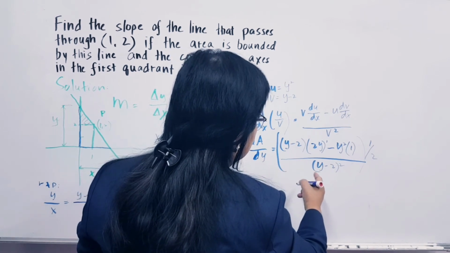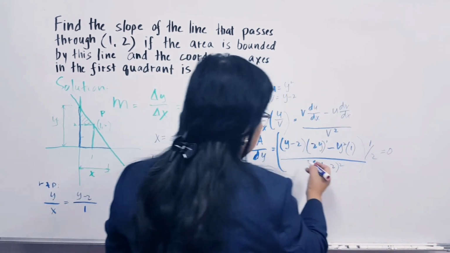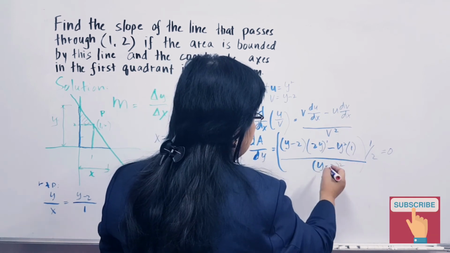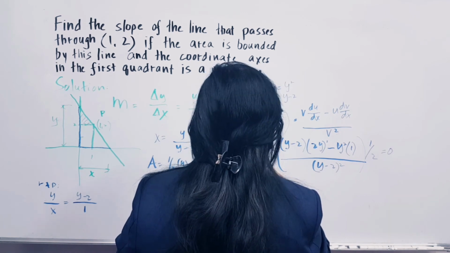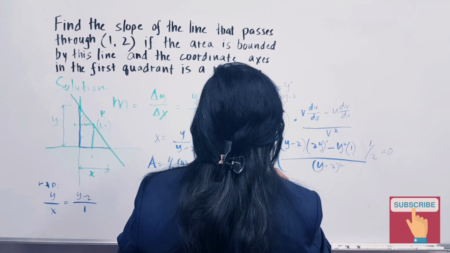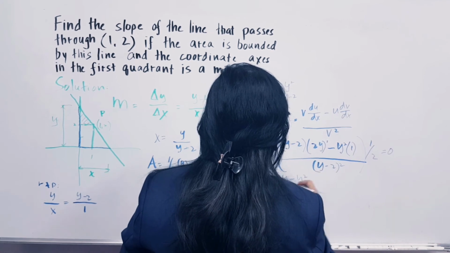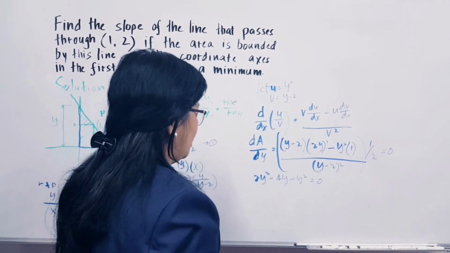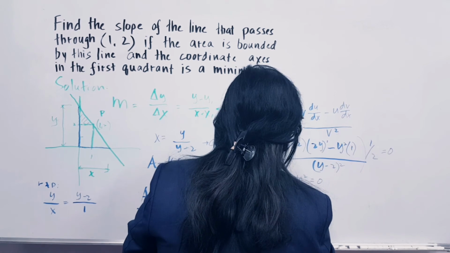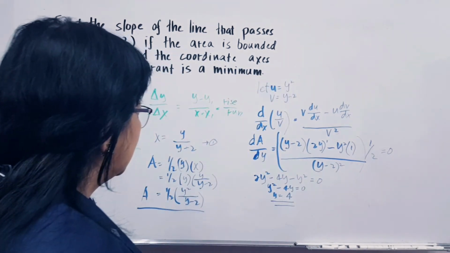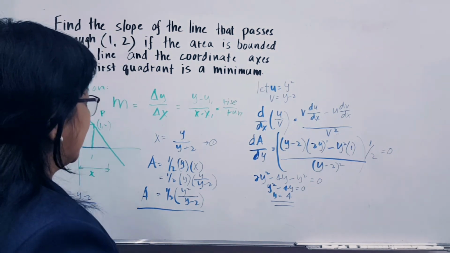If we simplify this one, if this will be equal to 0, what is left is 2y squared minus 4y minus y squared, which is equal to 0. Y therefore is equal to 4. We have the value of y. Now from this, we can find the value of x.